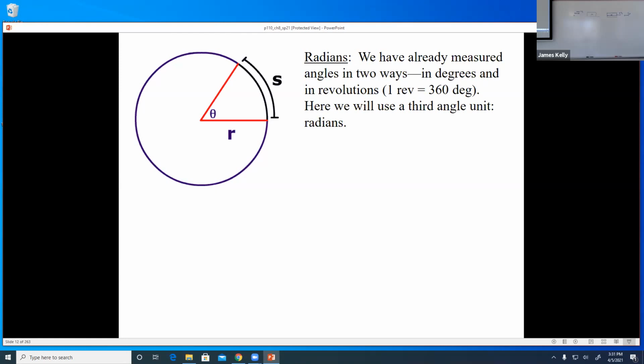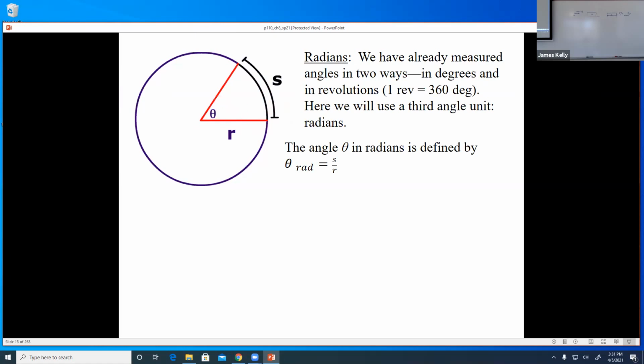But here we're going to use, and motivate why it's useful, a 3rd angle unit, which is called radians. The definition of radians is, if you have a little circle right here, and you draw from the center to the edge of the circle the radius r, and then you draw the arc length that is subtended on the circle by a certain angle theta.